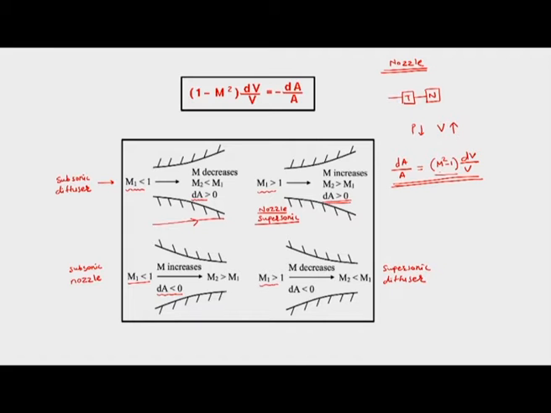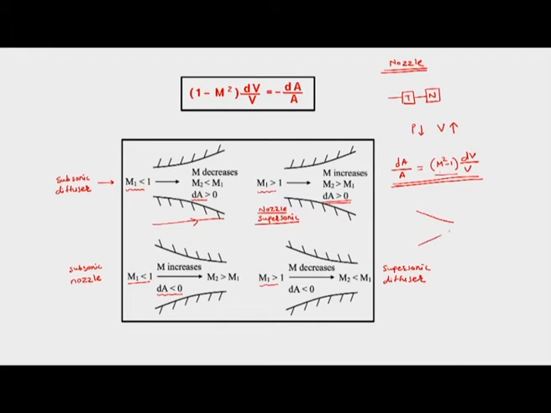So, in general, if we want to go from subsonic to supersonic, we can have first a subsonic nozzle, which is a converging portion. Then we go from Mach number less than 1 to Mach number 1 at the minimum section, where dA by A is 0.